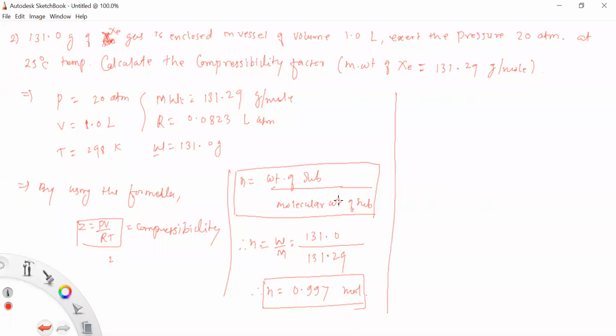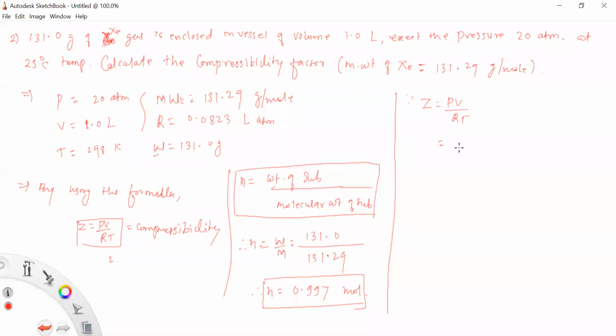Now this N is the total number of xenon moles, 0.997 moles, and this value we are now using to calculate the compressibility factor. For this calculation we are using the formula Z is equal to PV upon RT.